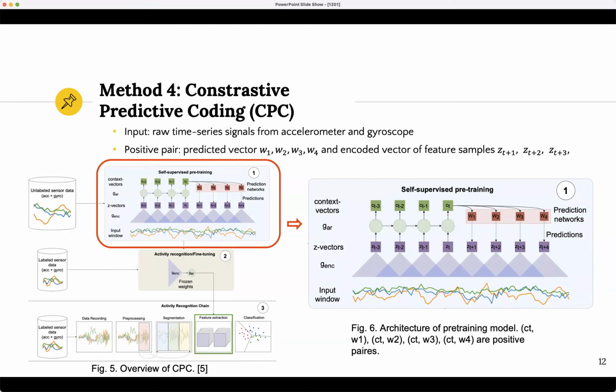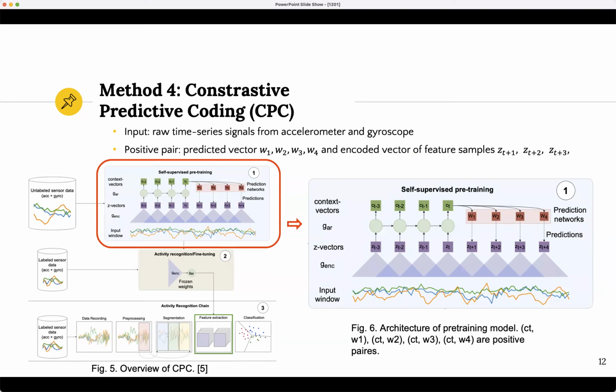Passing this frame data through a 1D convolution layer, we will get the Z vectors. The number of Z vectors in one frame is still L. So they can use an RNN to generate the context vector here, CT.